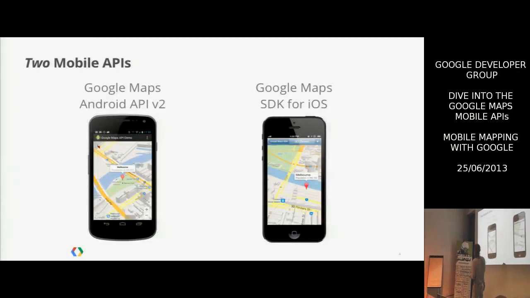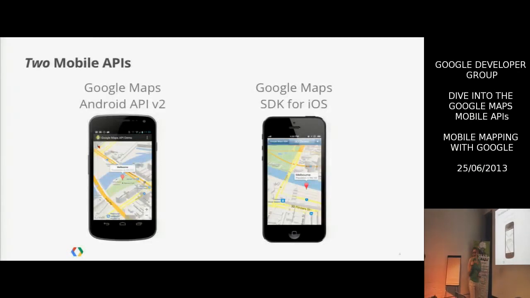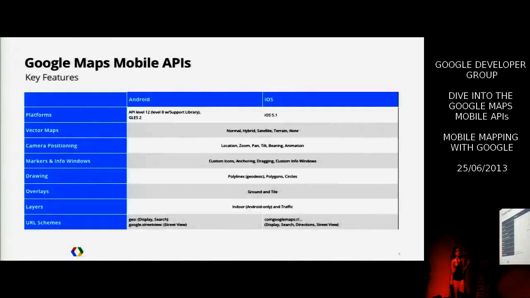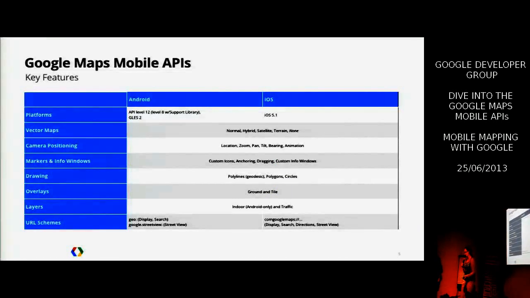Hi. So late last year, we introduced two mobile APIs, the Google Maps Android API v2 and the Google Maps SDK for iOS. They're at basic feature parity. One little difference is that the indoor maps are Android only.